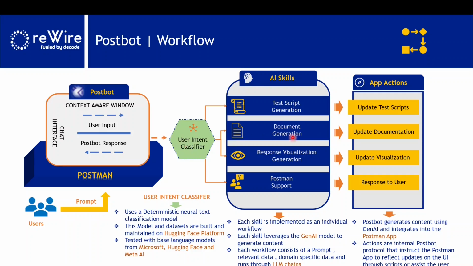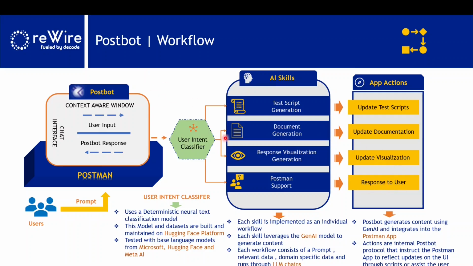Or if it is document related, it will go to this particular action and execute that. If it is a response, the visualization will be updated. And if there is an instruction related to Postman support, it will give the relevant response back to the user.